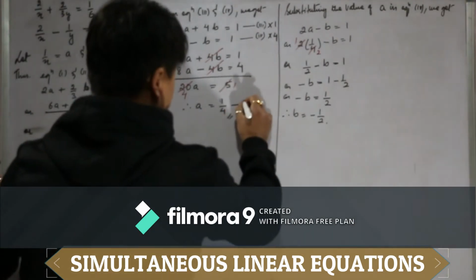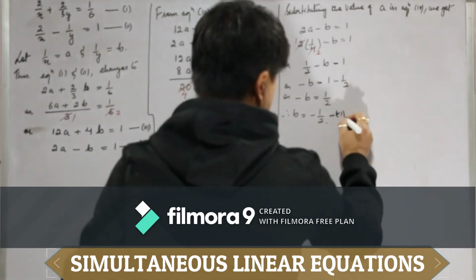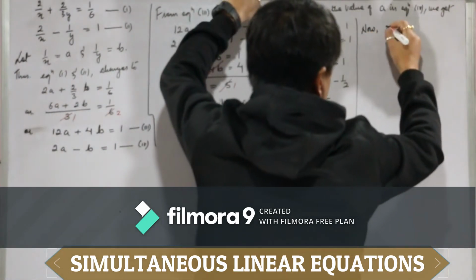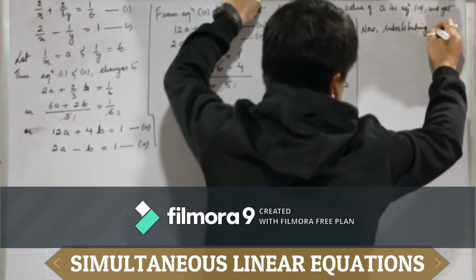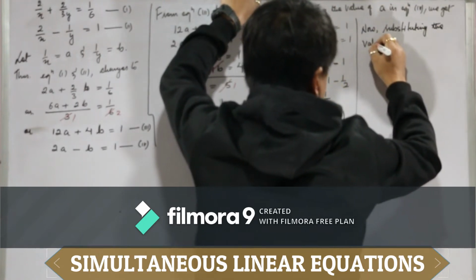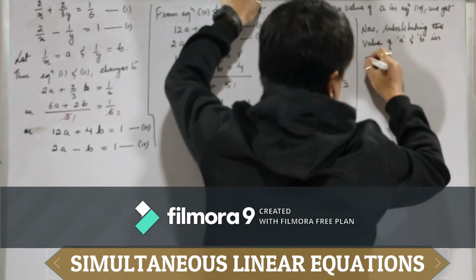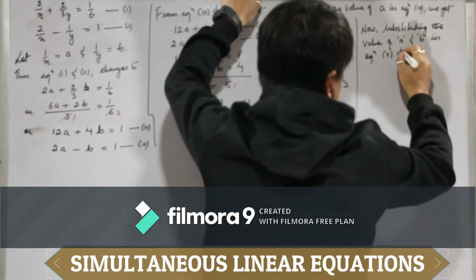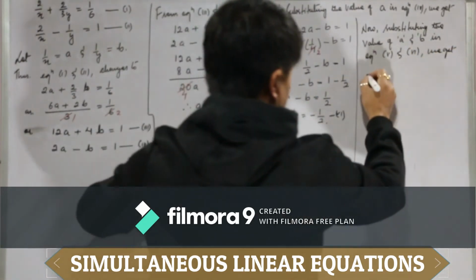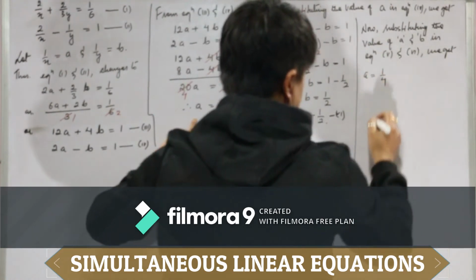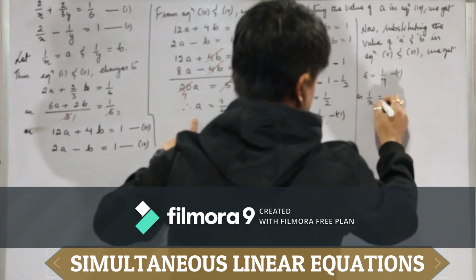Let's take this as equation 5 and this as equation 6. So now substituting the value of a and b in equations 5 and 6 we get: in equation 5, a is equal to 1 by 4, or a is 1 by x is equal to 1 by 4.